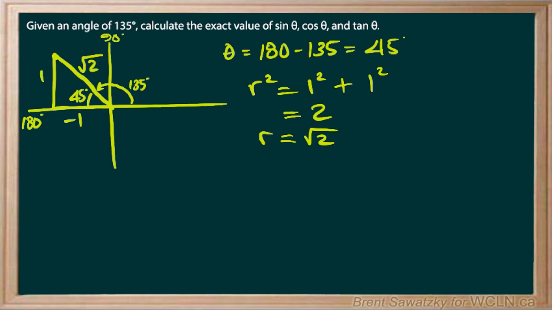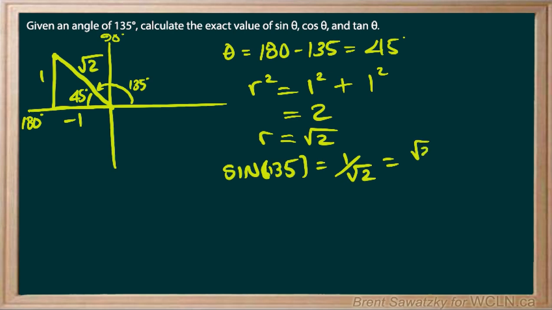So at this point, we're ready to do some ratios. Sine of 135 is equal to, and sine is opposite over hypotenuse, so the opposite is 1 over root 2, and we can rationalize that denominator.